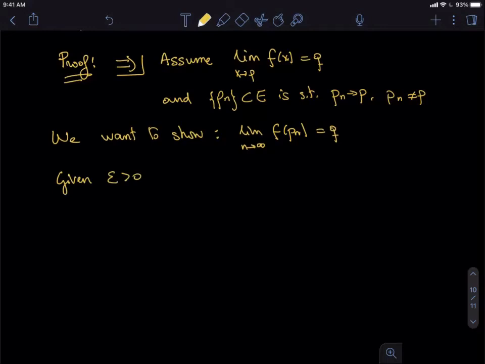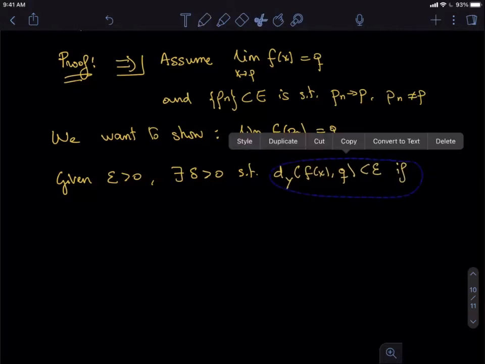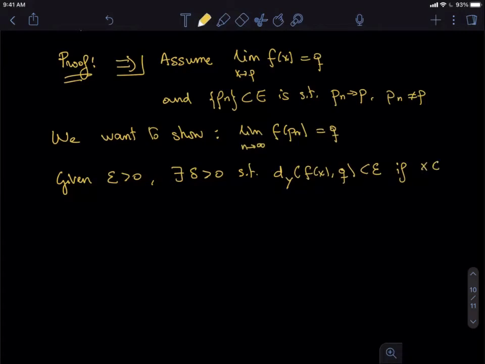So given epsilon positive, then we know that there exists some delta, such that the distance between f of x and q is less than epsilon. Remember these are in the space Y, so it's the distance in Y. This holds if x is in the domain, and the distance between x and p is less than delta.